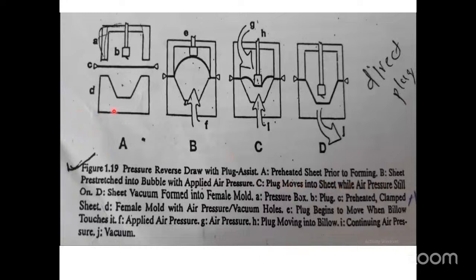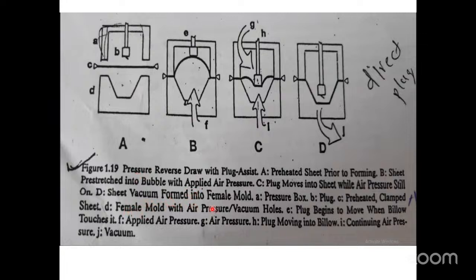The sheet is there, the plug is there, friend, and there are different things they have shown here by the arrow also. See here, the pressure box is also there. Okay, this is the pressure box, and through this we apply the pressure afterwards. Vacuum is from the downward portion, and this is a very simple method.